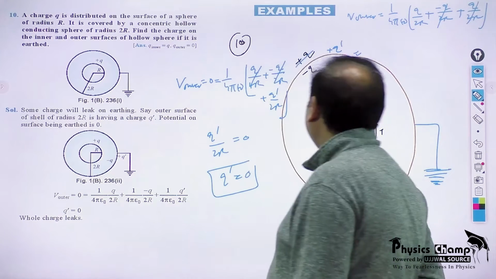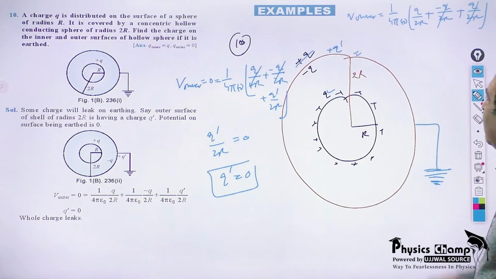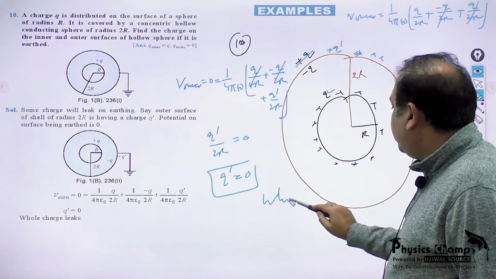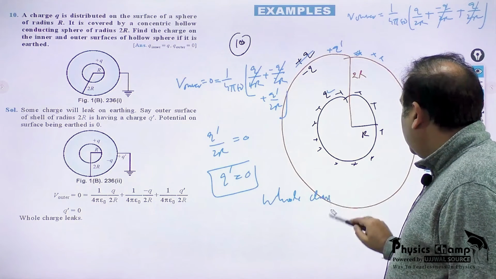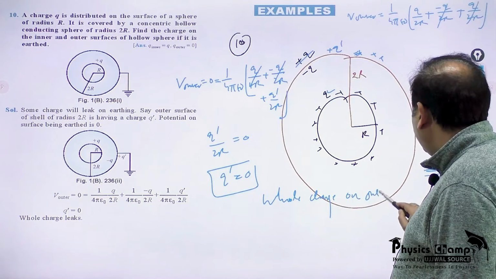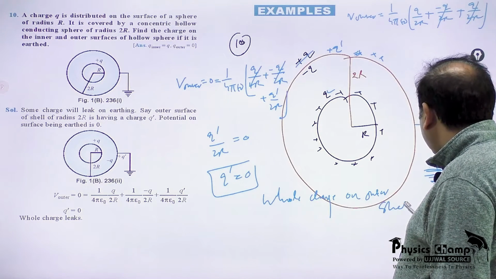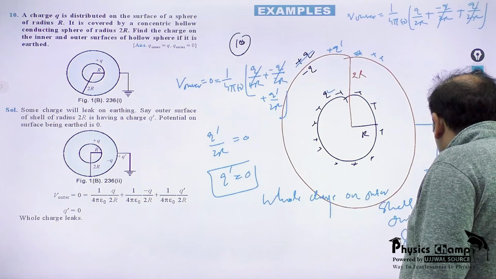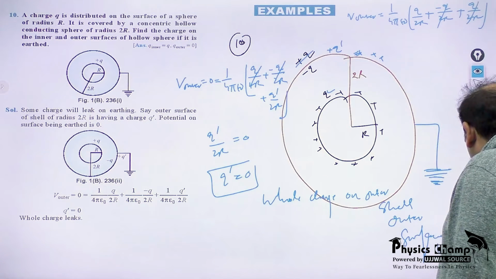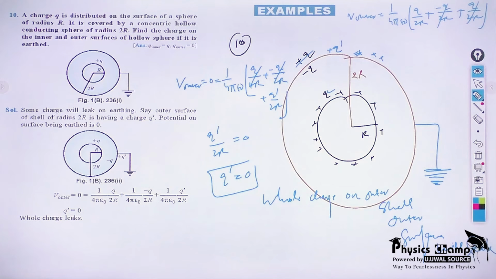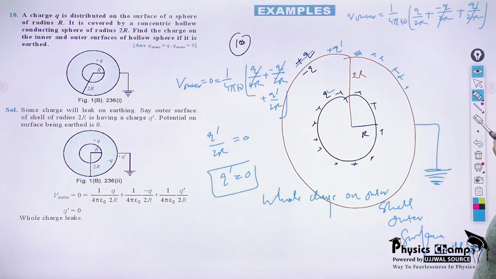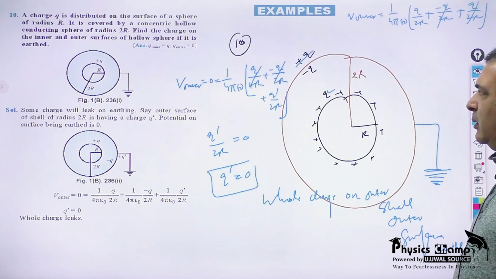So the result is that there will be no charge on the outer surface of the shell. The whole charge on the outer surface will leak. This is a situation where the outer induced charge is going to leak due to earthing.